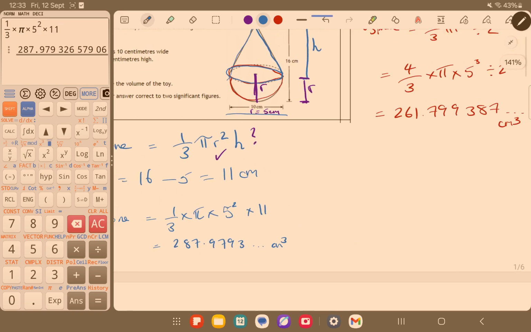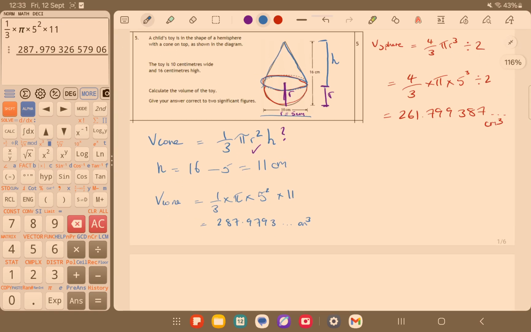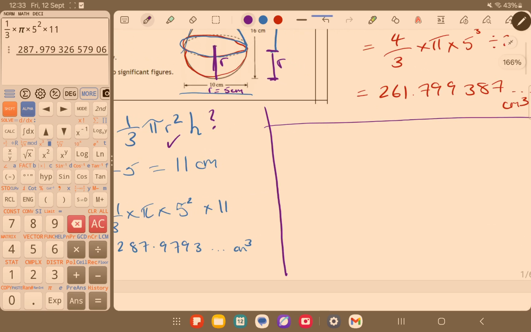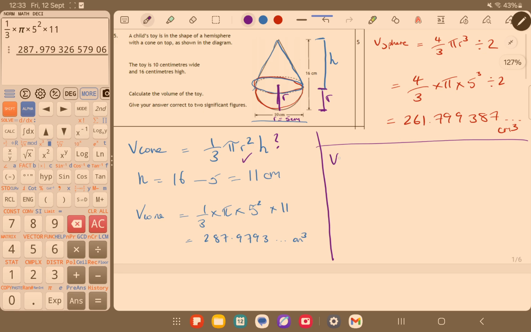Okay, and so the total volume of the toy, which I'll just do in this box here, is going to be these two added up.